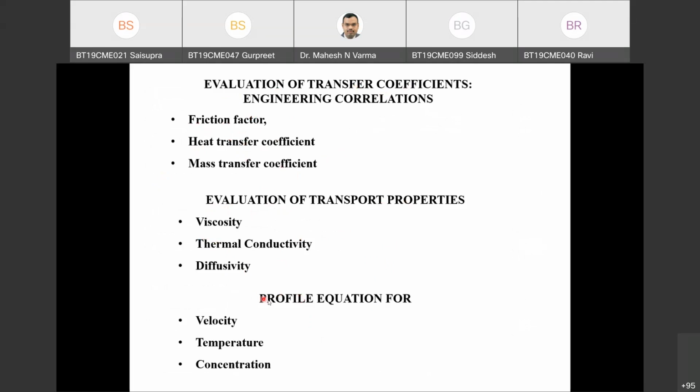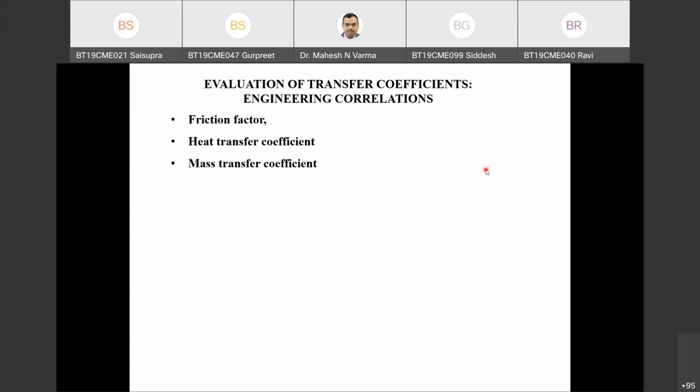Then the remaining classes will be devoted to getting the velocity profile, temperature profile, and concentration profile. In today's class we will briefly discuss how to get the friction factor, heat transfer coefficient, and mass transfer coefficient.